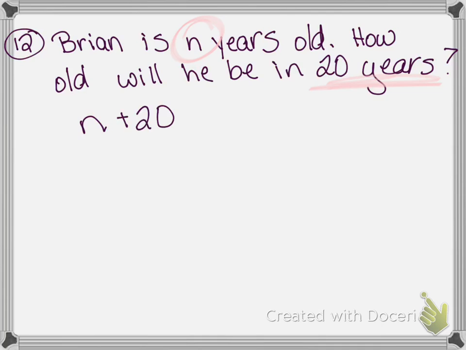Now, if you wrote this as 20 plus n, that doesn't change the value because we're talking about addition. So n plus 20 and 20 plus n, your answer is the same. But if you get in the habit of writing it in the correct order, then you're going to be very safe when you have subtraction. Okay? That is what I had planned.